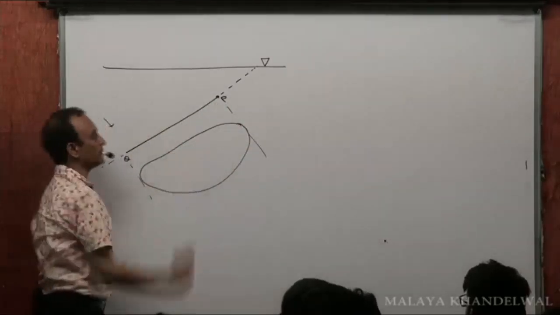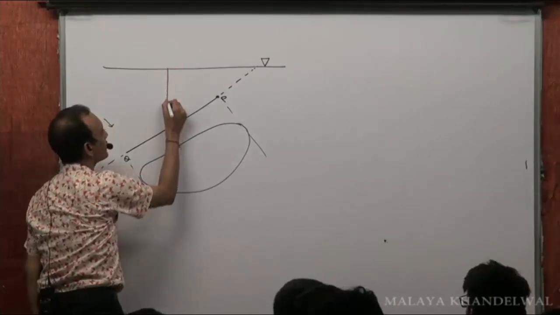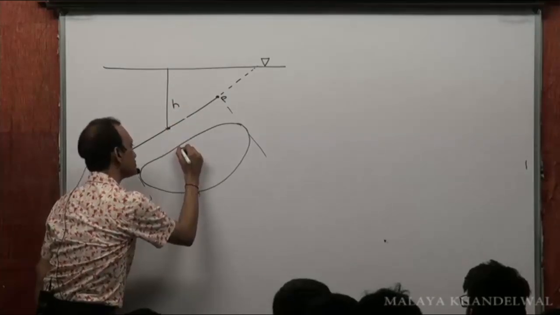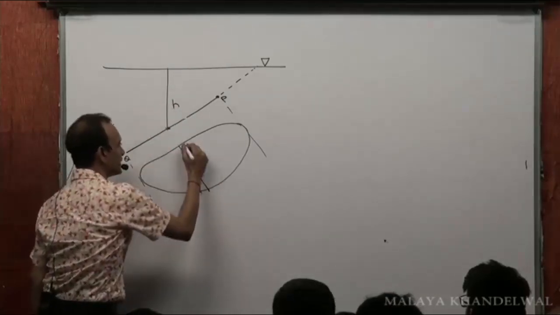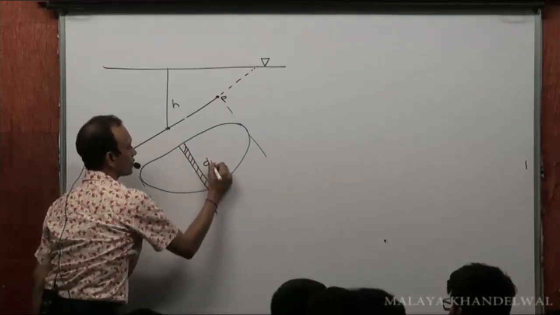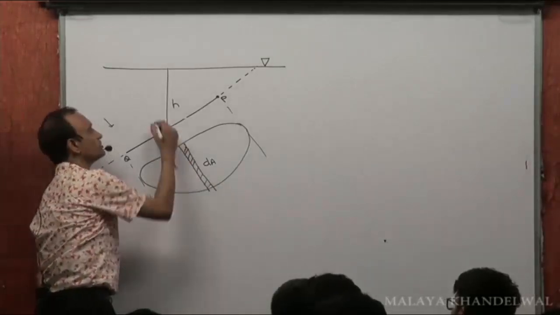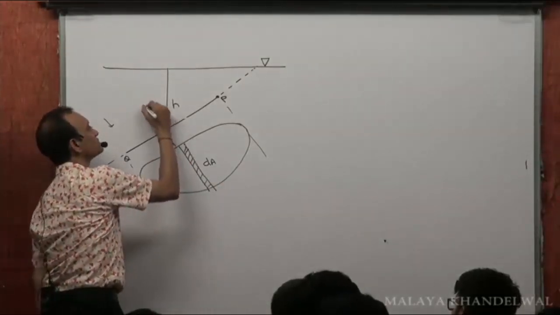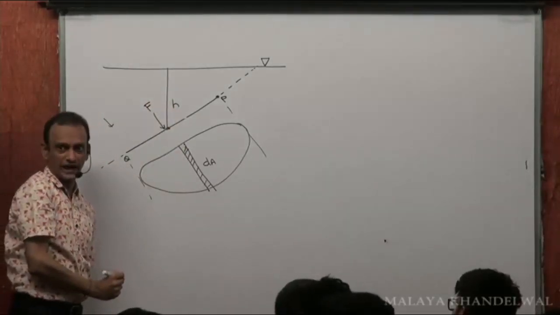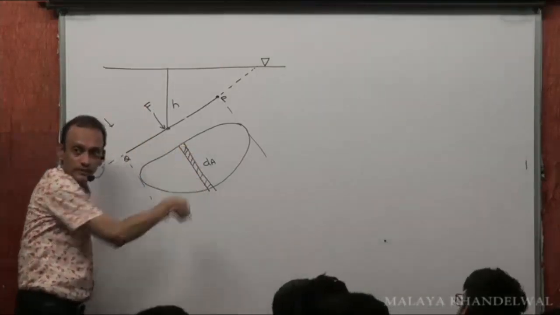Now what I do is, at a depth h, I select an area element. That means when I view from here, that area element is my dA like this. Now, the force acting on this dA, do you realize, will be perpendicular to the surface. Perpendicular, that is, when you see from here, this way.